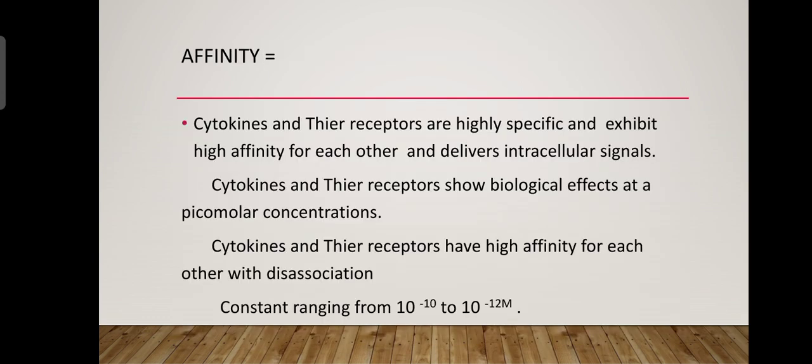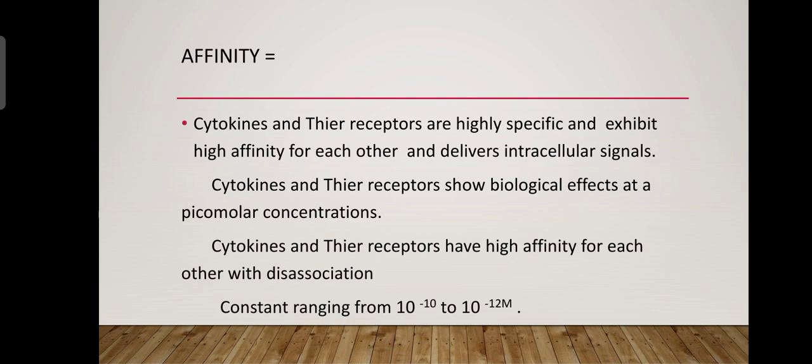Our next property is affinity. Cytokines and their receptors are highly specific and exhibit high affinity for each other and deliver intracellular signals. If the receptors are not present on the surface of the cell, then the cytokines will not induce a signal and the cells will not get activated.